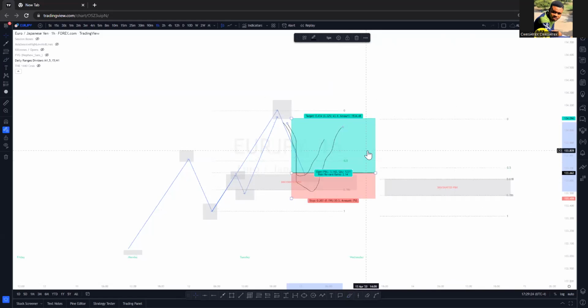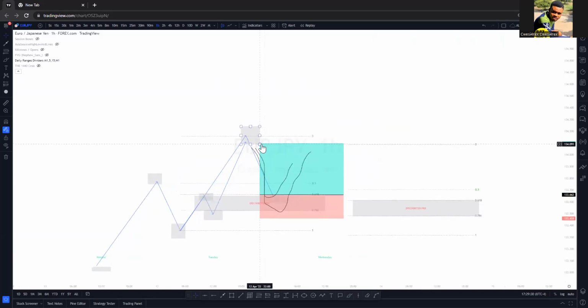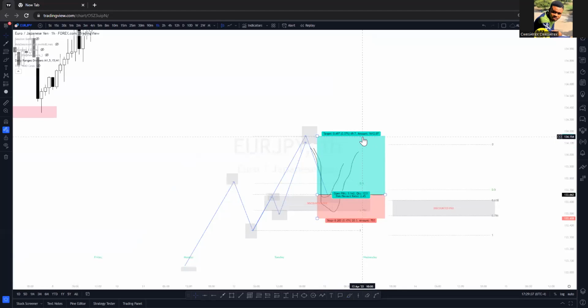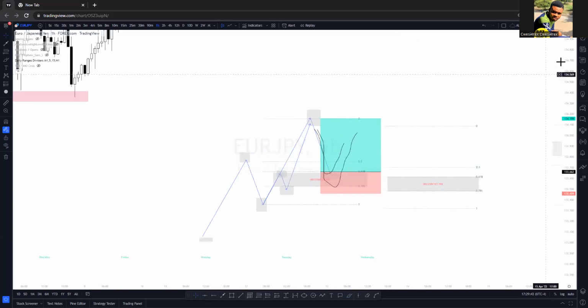It's almost a 20 pip stop loss, right? And if you're targeting this previous high as your take profit, you can just imagine the risk to reward is 1:2. It's not a good risk to reward, right?